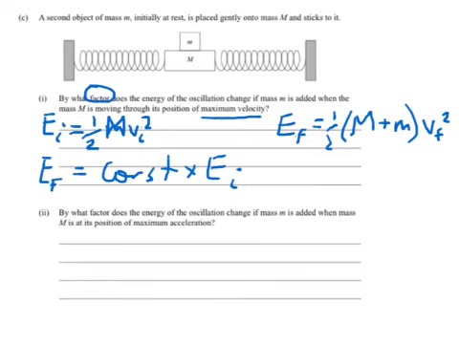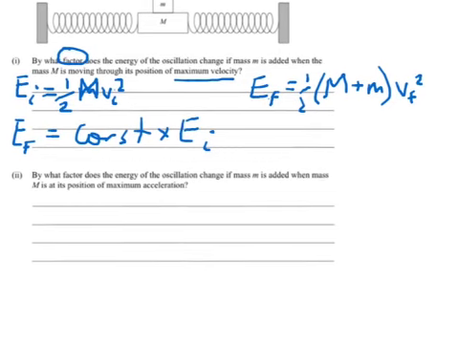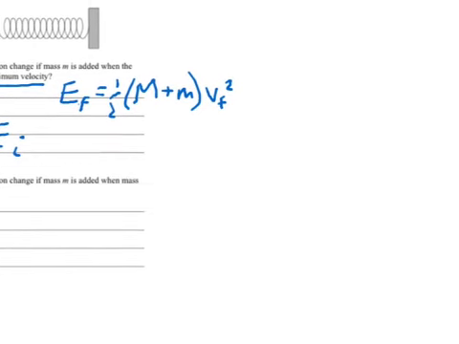So how can we work out the final velocity to substitute that in? Particularly, how do we work out the final velocity in terms of the initial velocity? The best way forward seems to be to use momentum ideas. If we look at the initial momentum, Pi, that's capital M times the initial velocity.